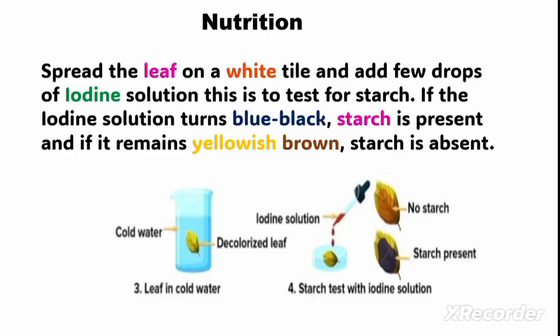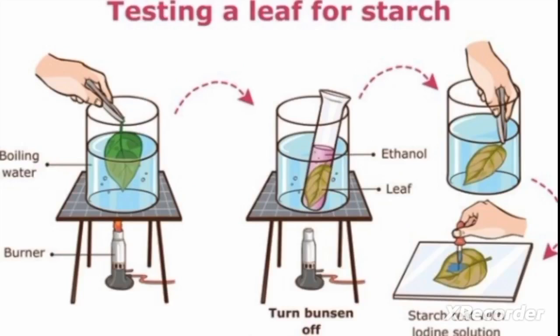If the test is negative, if the test is showing that starch is not present, then we are going to know that the photosynthesis process has not taken place. So this is how we can identify whether photosynthesis has taken place or not through testing for starch.